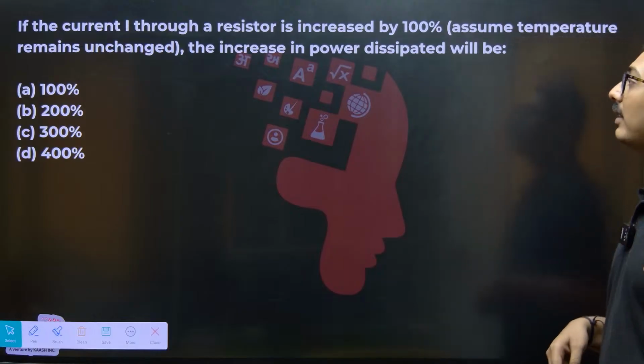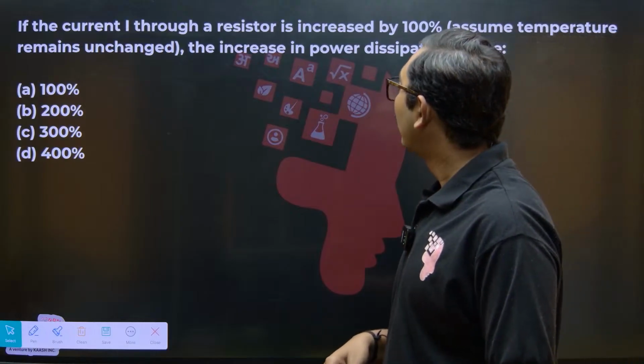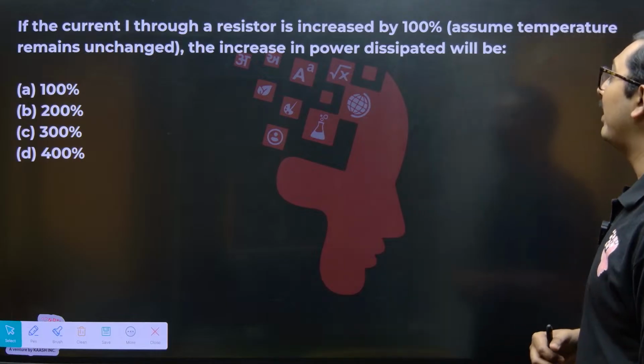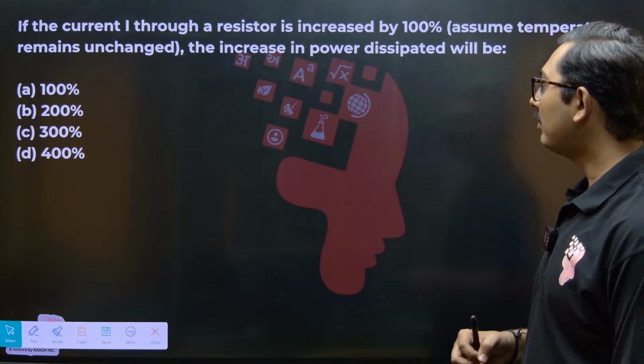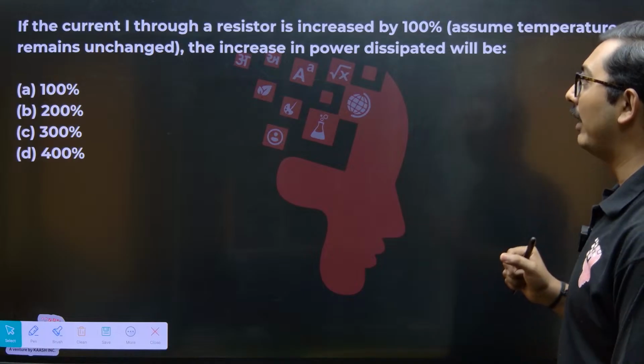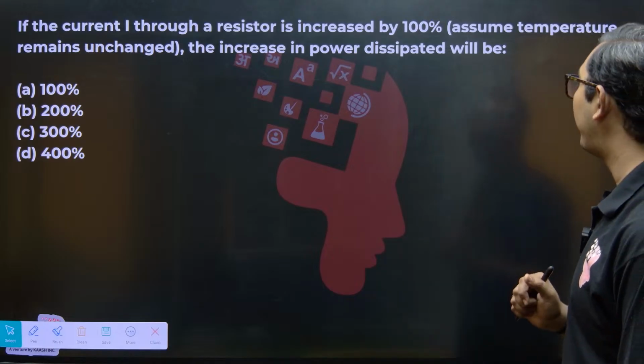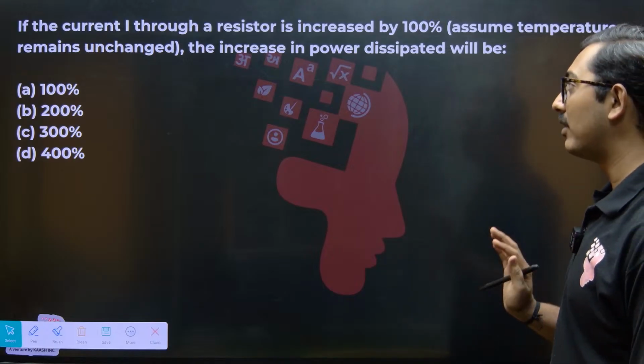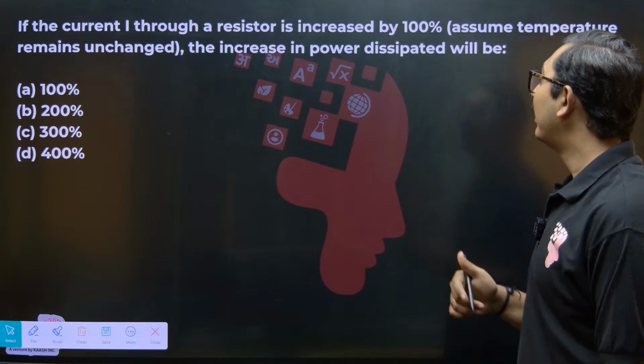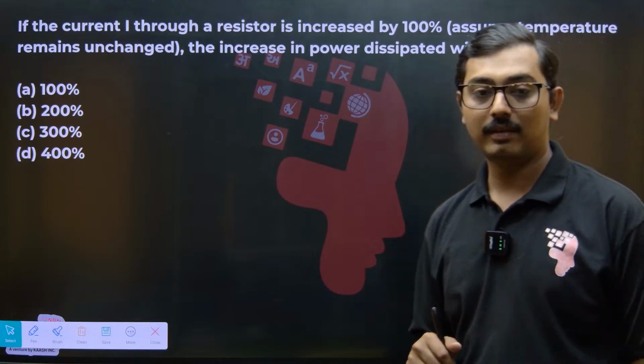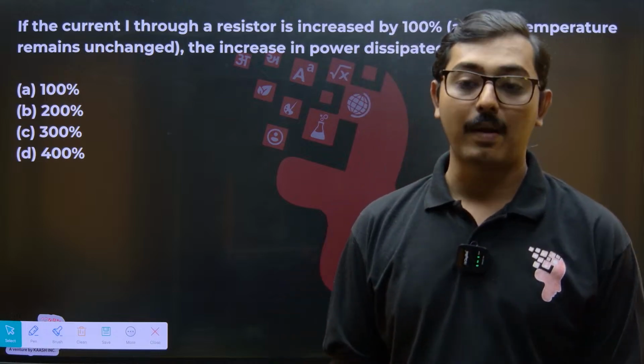The current I through a resistor is increased by 100%. Assuming temperature remains unchanged, the increase in power dissipated will be? What will be the increment in the power?